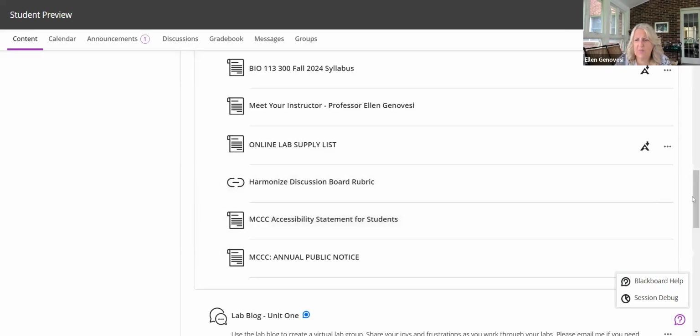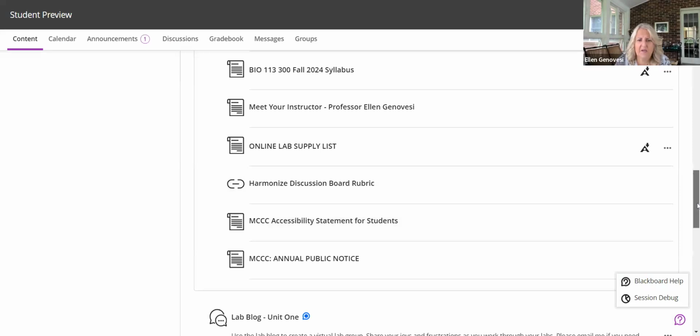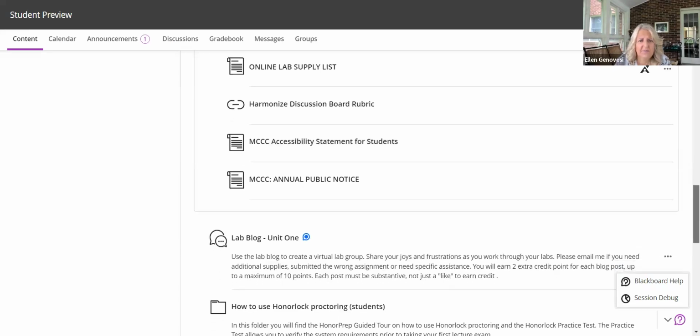Your instructor will definitely post an announcement concerning that. For my section, we're using Harmonize, and this document gives you the rubric for how your assignments are to be graded.